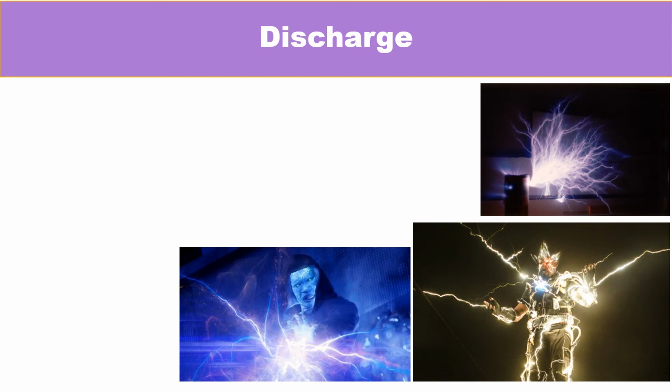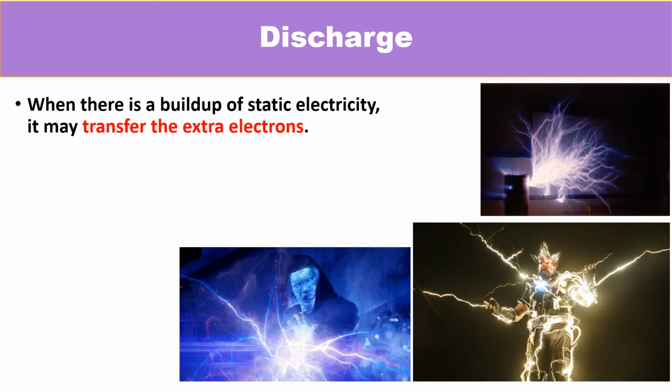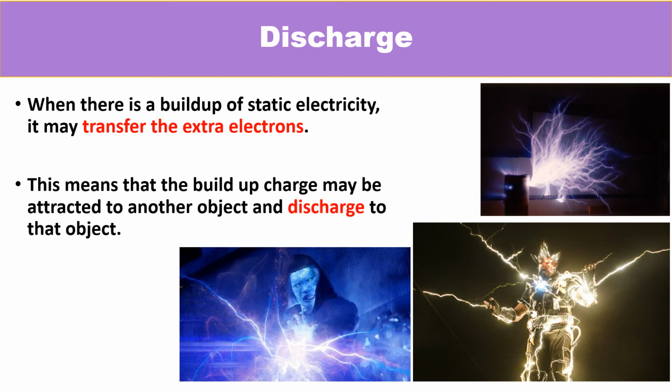I have been talking about discharge quite a bit. It is something that you see whenever you touch someone or have a little zap between you and the doorknob. Discharge means a buildup of electricity is finally moved as a bulk, as a group, to another. It's a transfer of the extra electrons.